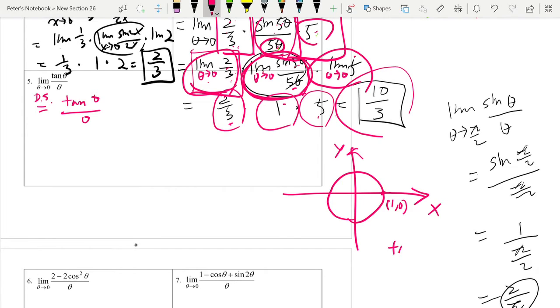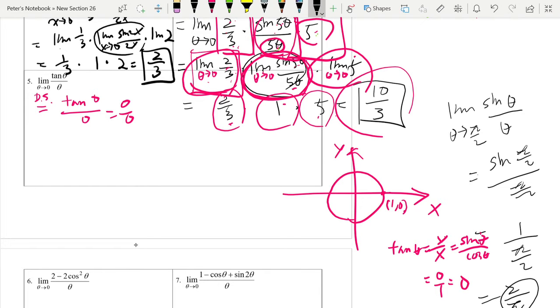And we established the tangent is y over x or sine over cosine, yeah? So here y is equal to 0, the x is equal to 1, so it will be equal to 0. So you have a 0 over 0 case here. Indeterminate form again, right? So how do you figure this out?